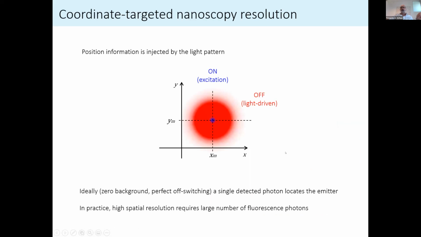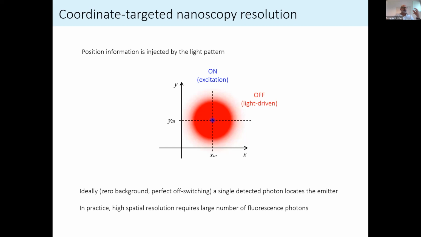Important to know about this family of methods is that in this case it's kind of the opposite as before. Here all the information is injected into the problem by the illumination. So our illumination pattern is determining where we ask whether there is a molecule or not. And we move this pattern with a scanner over our sample.